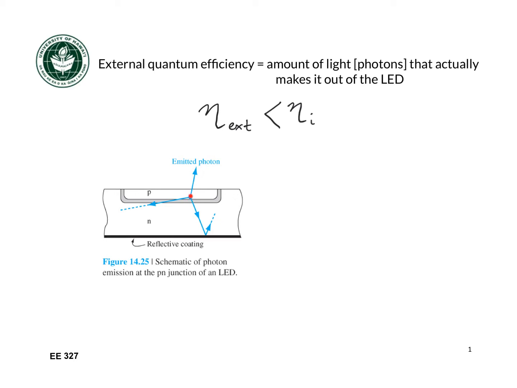Another example is this photon being emitted in this direction. If you put a reflective coating at the back of the LED, this photon will still have a chance to make it out of the LED. It hits this reflective coating and it's going back out, but only if its lifetime is long enough to allow for this travel time, that is, the travel time from going here, hitting the reflective coating, and then getting out of the semiconductor, if that travel time is less than the lifetime.